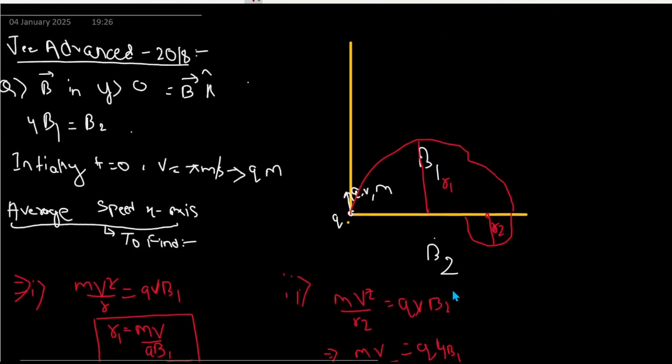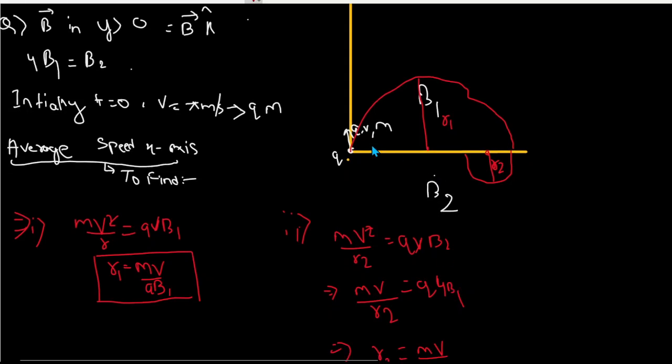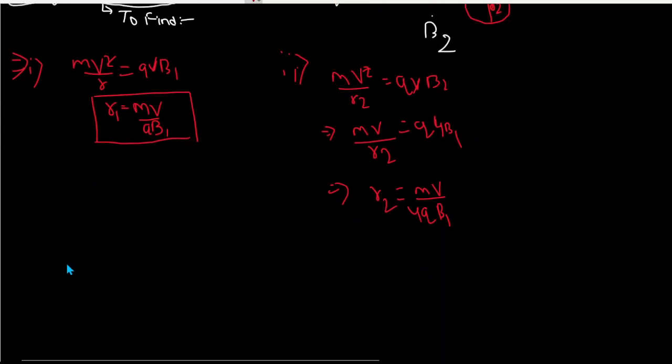So what is the distance here? The distance will be 2 into R1, which is the diameter, and then 2 into R2. So let's say our total distance D is equal to 2R1 plus 2R2.